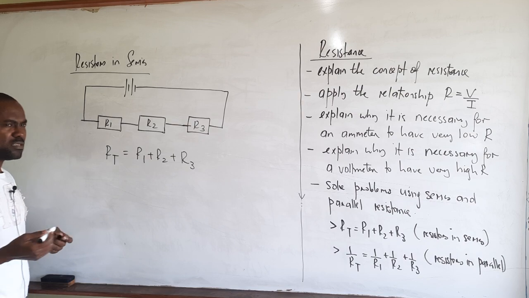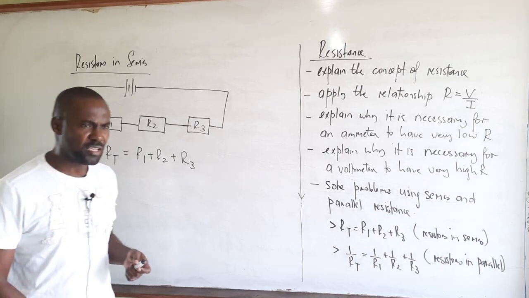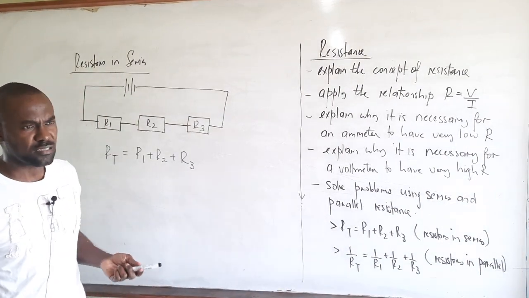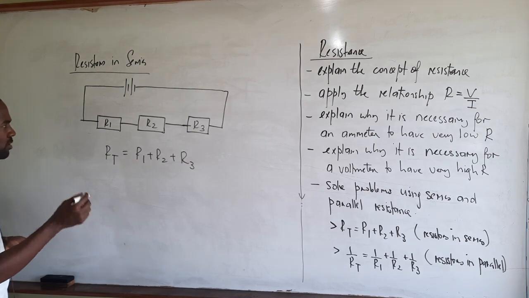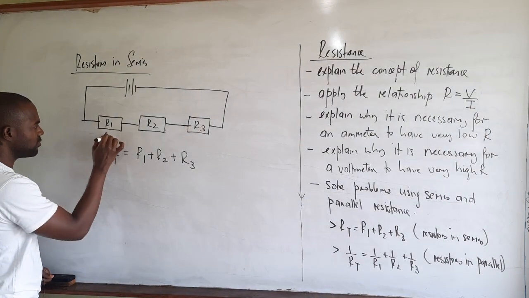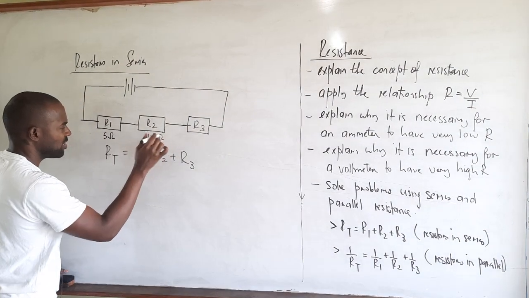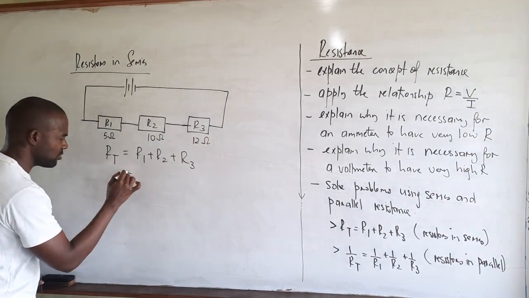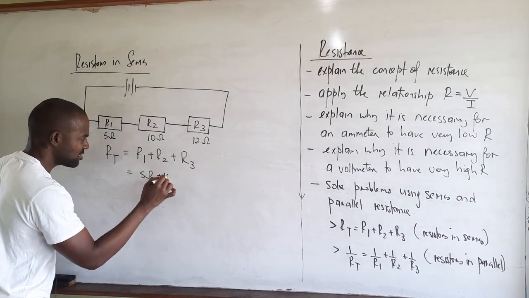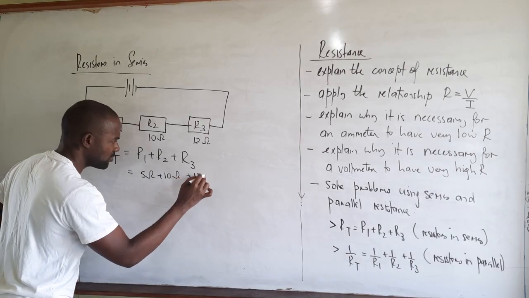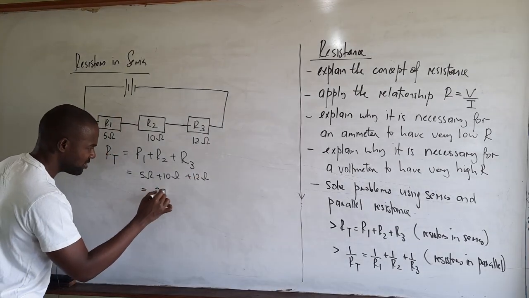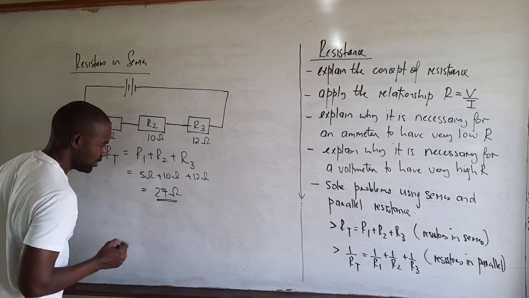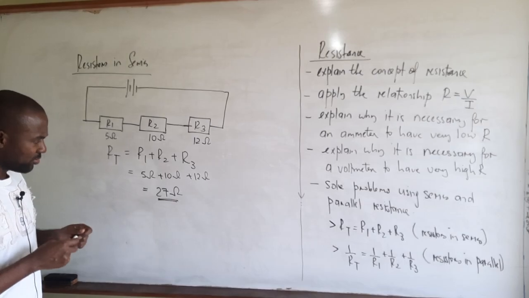So what this basically means is that when you connect resistors in series, you simply add their resistances. So for instance, suppose R1 is equal to 5 ohms, R2 is equal to 10 ohms, and R3 is 12 ohms, then it would mean that the total resistance is equal to 5 ohms plus 10 ohms plus 12 ohms, and that gives us 27 ohms, right? So that would be for those connected in series.